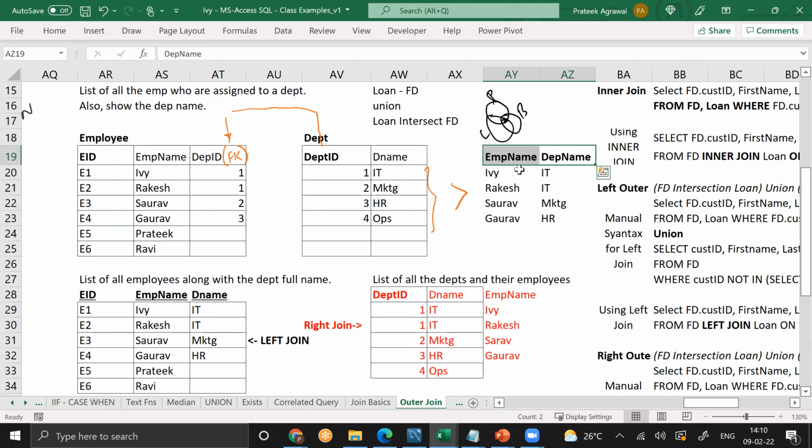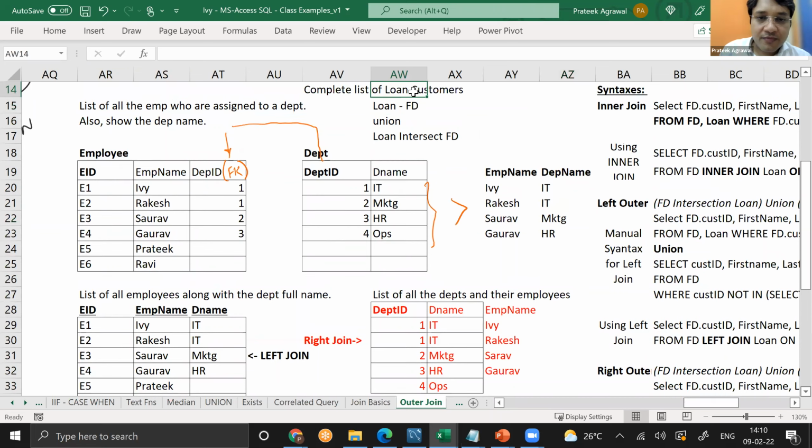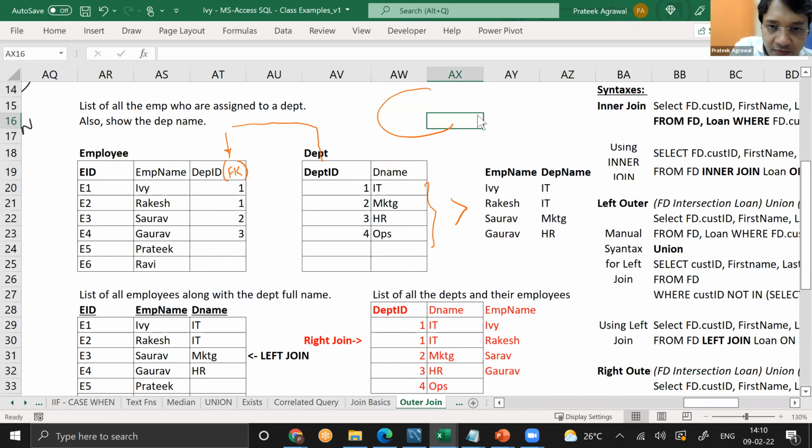Here, if you look from a Venn diagram perspective, suppose this is the employee table and this is the department table. So this here represents what part in this Venn diagram? The intersection.